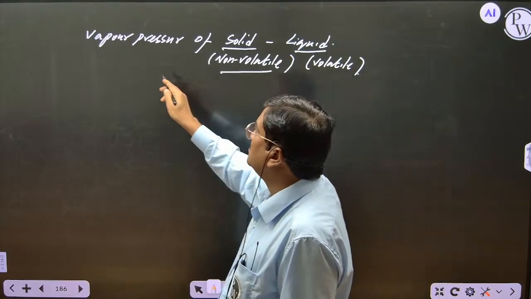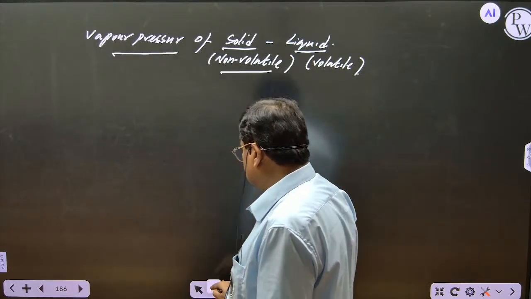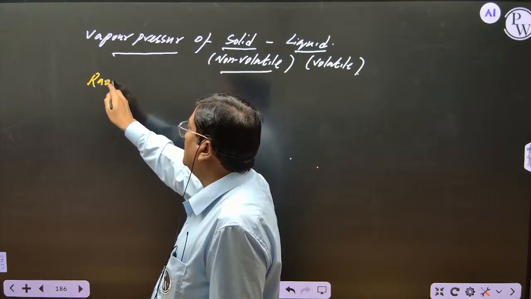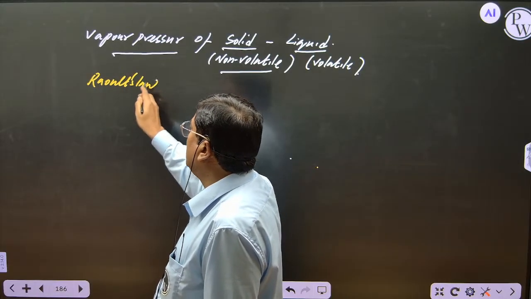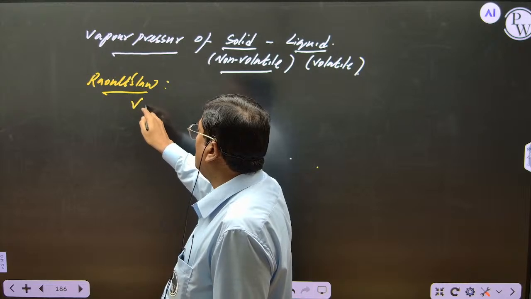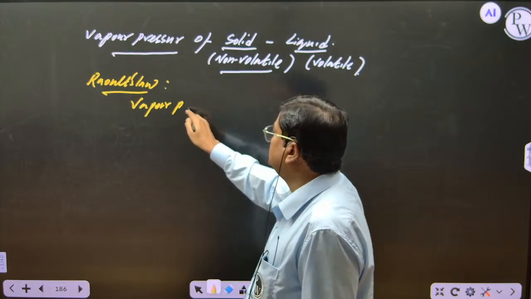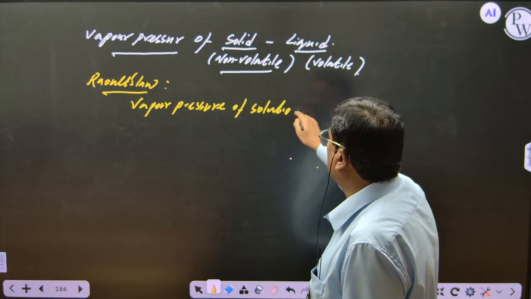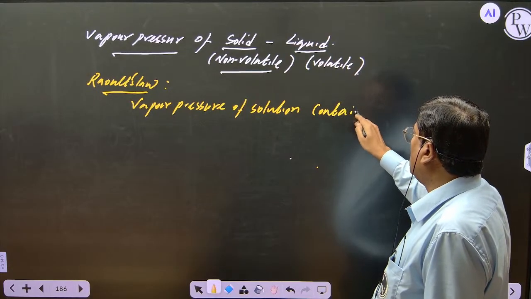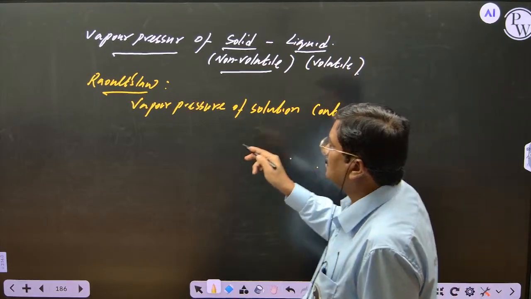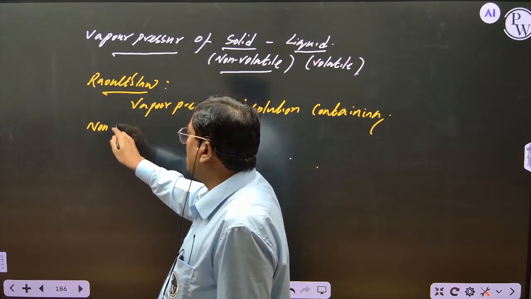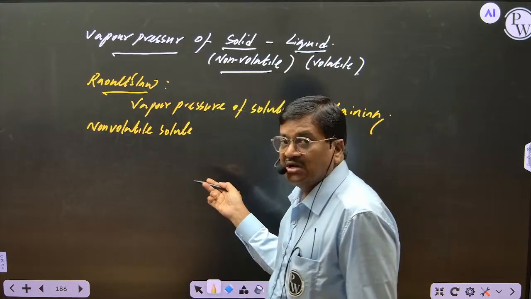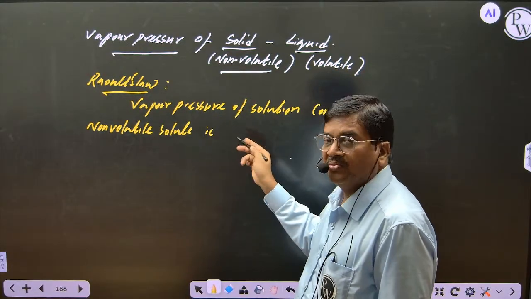Now see, very important. According to Raoult's law, you recollect what Raoult said. According to Raoult's law, the vapor pressure of a solution containing non-volatile solute is directly proportional to whom?